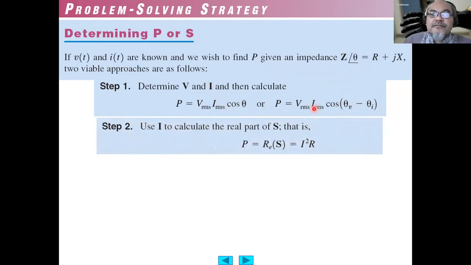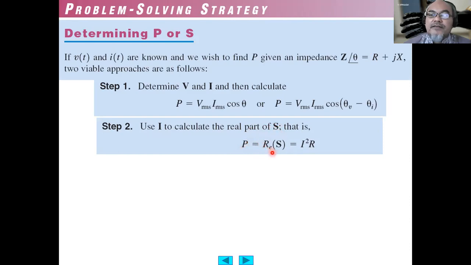Then, to determine the power, we can also use the current i(t) to calculate the real part of the complex power. The P, the real part of the complex power, is basically the active power.